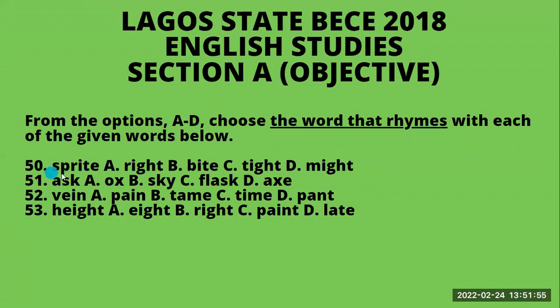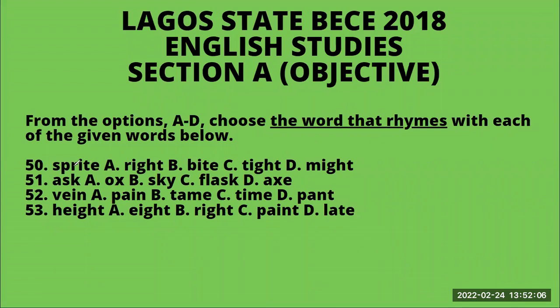The word given here is "sprite." Again, let me try to get something to draw. So we are looking for "sprite," and then option A is "right." So this is correct. That's the transcription.